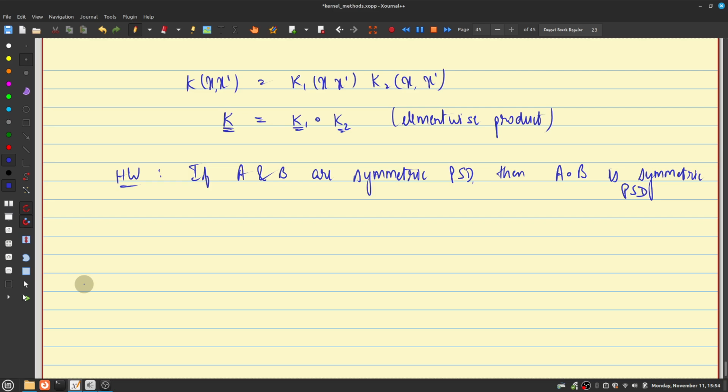Okay. So now let's go back to some of the kernels that we've seen previously. The linear kernel, as we know, is a valid PDS kernel, but let's revisit the polynomial kernel.